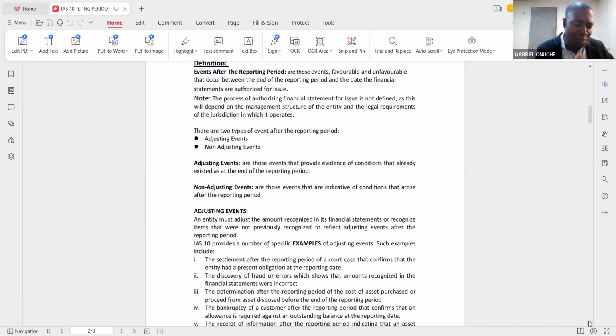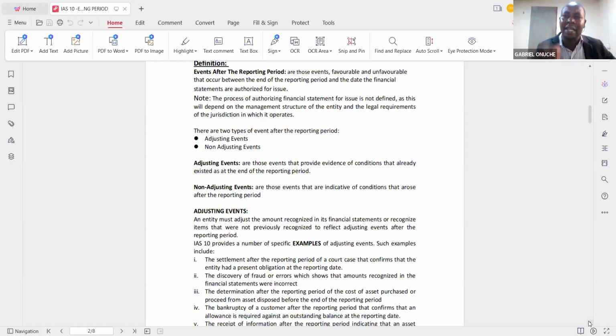That may be 30th May or 15th of April. Take note that the period covered by IAS 10 is 31st of December to 15th of March, when the financial statement is approved or authorized for issue by the board of directors. That is the period covered by IAS 10.